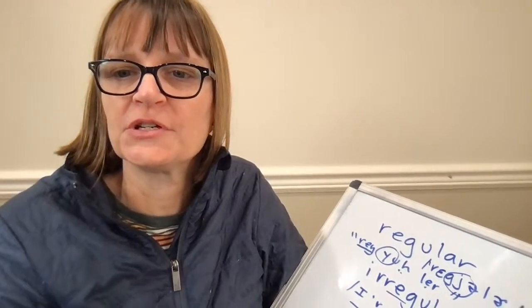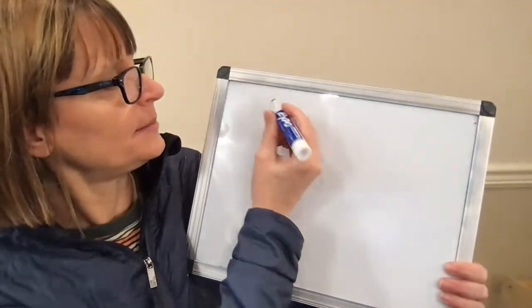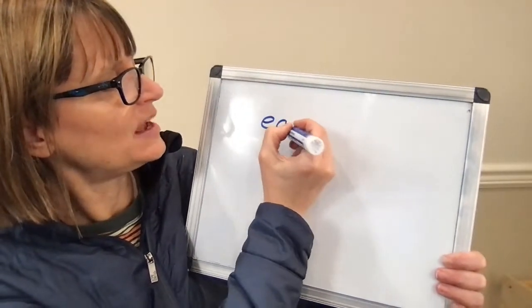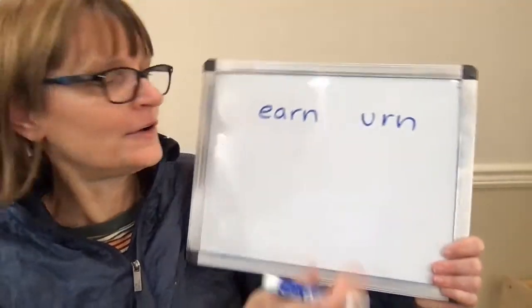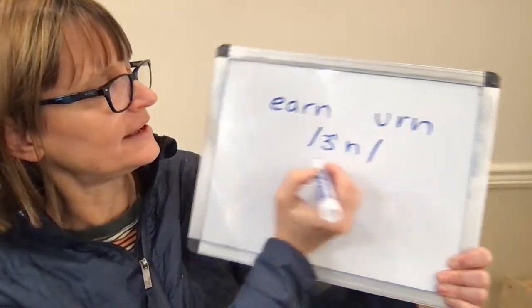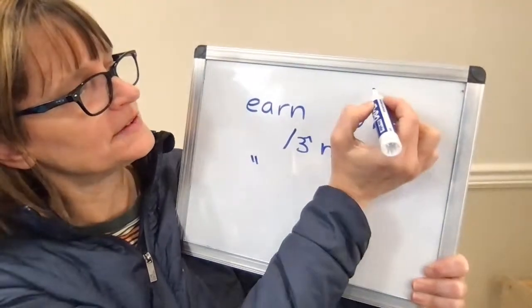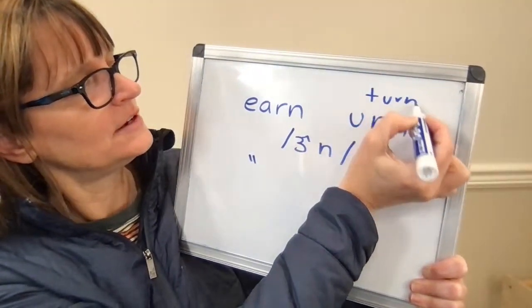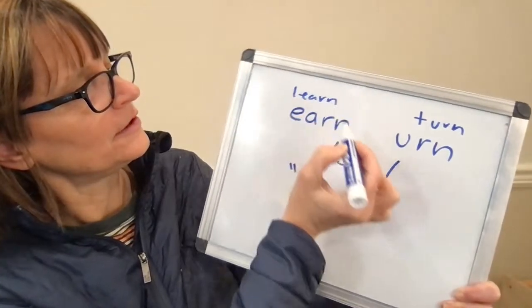We have a question about the verb earn and the noun earn. So these two are the same. So here's a good example of where spelling lets us down. They both have the tense ER and then an N sound. So they both sound the same, like this spelling is in turn. This spelling is in learn.